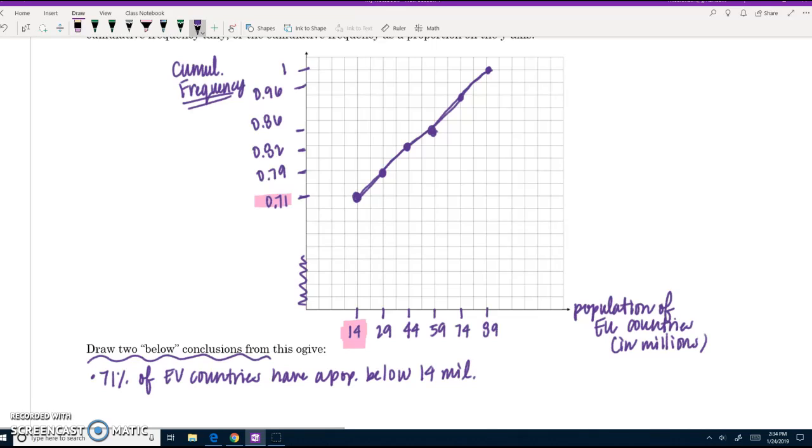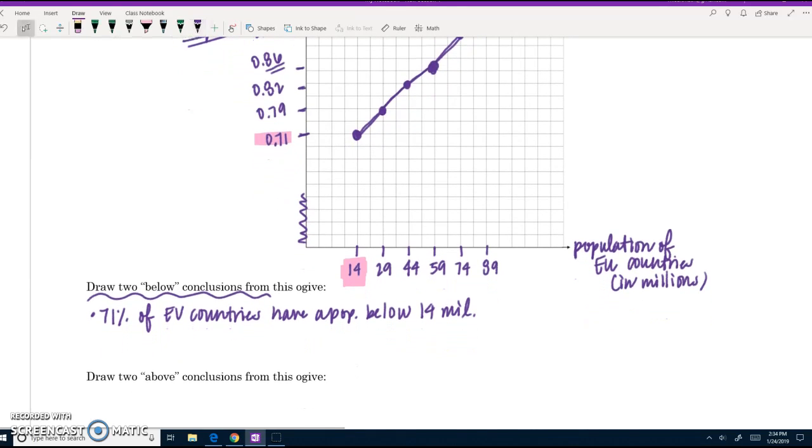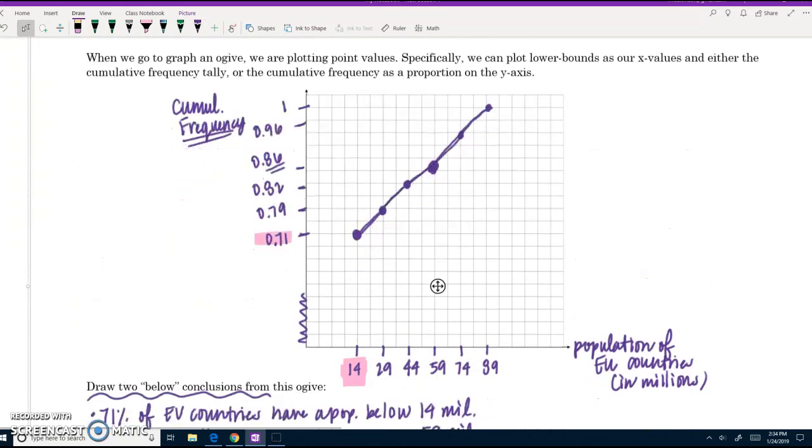So for instance, if I look at 59, the corresponding output value there was 0.86. So I can say something like 86% of EU countries have a population below, in this case, 59 million, because that's what I looked at for my X value. So when I look at the Y data points, I'm saying below this value.